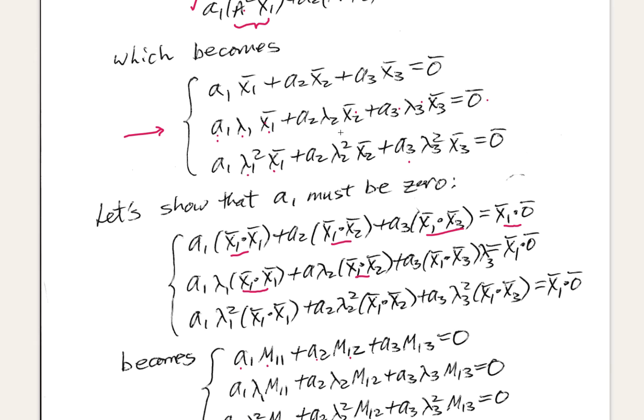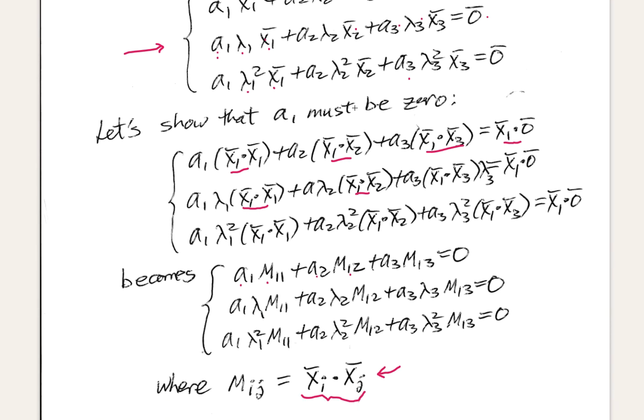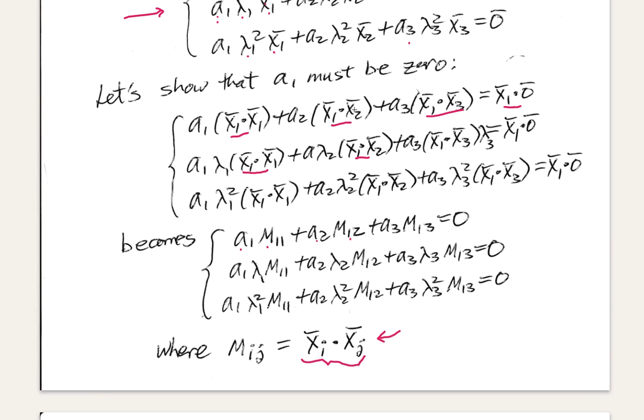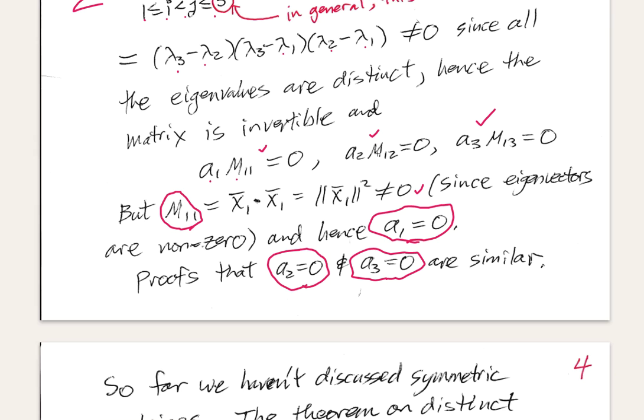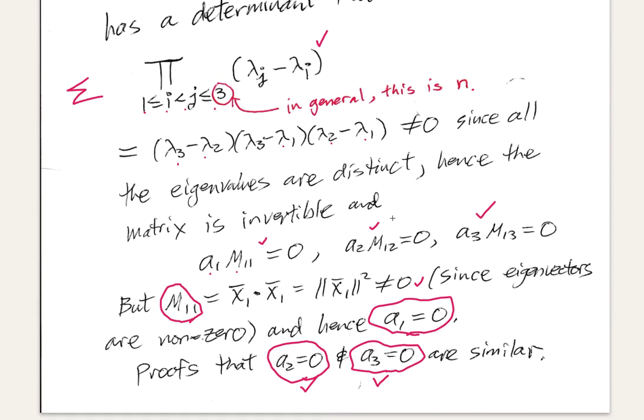Then you would have in there m sub 2 2, which is also non-zero. The rest of this would still hold, so that would prove that. And then if you dotted originally by x sub 3, you could work it down there and show that a sub 3 is 0. And the general case is very similar to what I've done here.